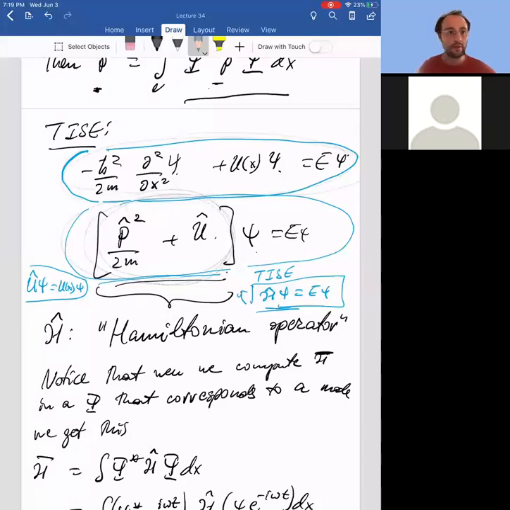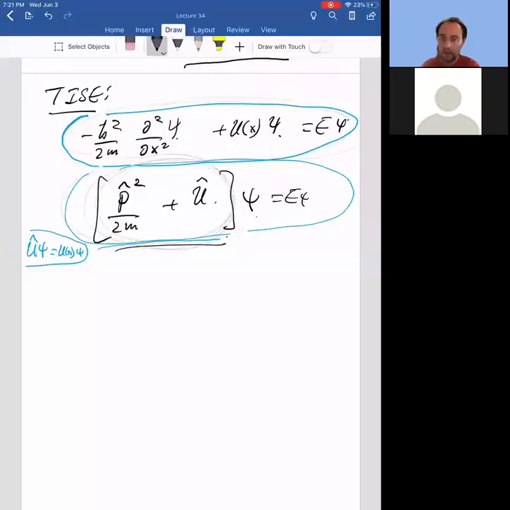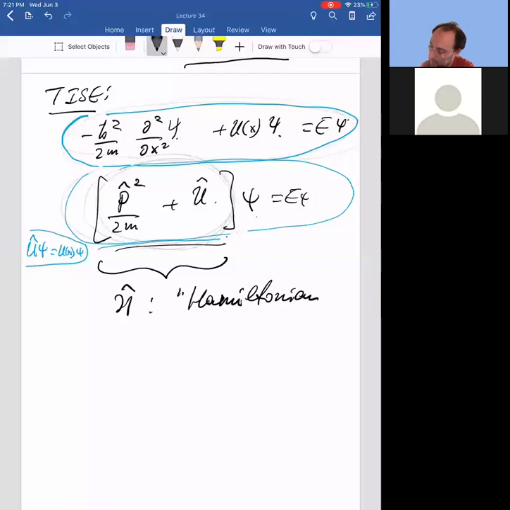I'm going to pause and erase something here. So this whole thing is called H hat, the Hamiltonian operator. Let's digest. What's the meaning of this Hamiltonian operator?